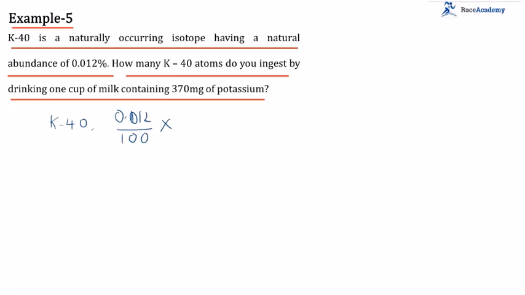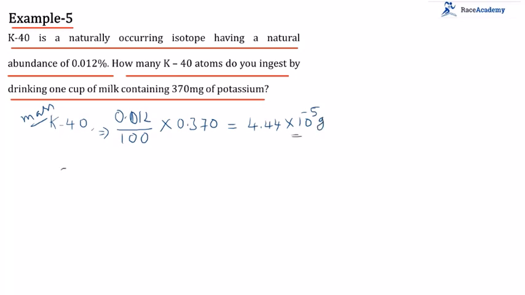So 370 milligrams will convert into grams, it will become 0.370. That will come as the mass of this potassium 40, that is equals to, upon simplification I got 4.44 into 10 power minus 5 grams.